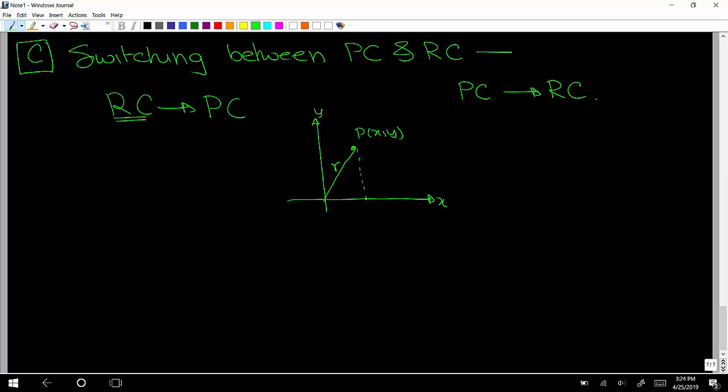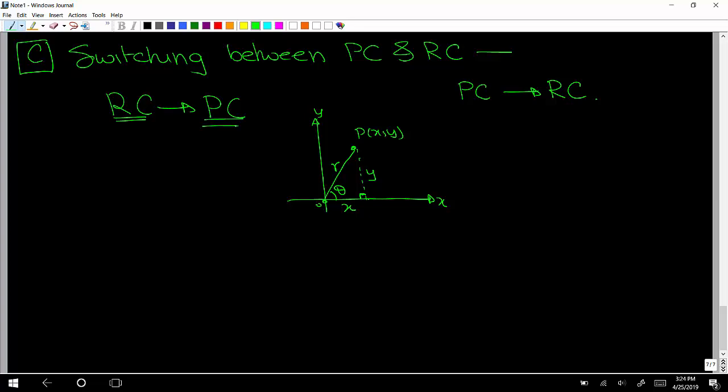This angle would be theta, let's call that. This is a 90-degree triangle. This distance from the origin to here is X, and this is Y, the vertical distance. Oops, I'm sorry. I want to go from rectangular to polar first, so I'm getting ahead of myself.